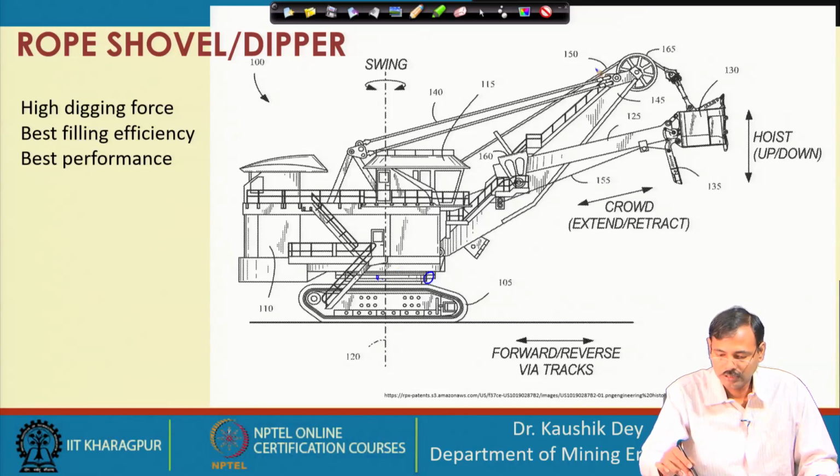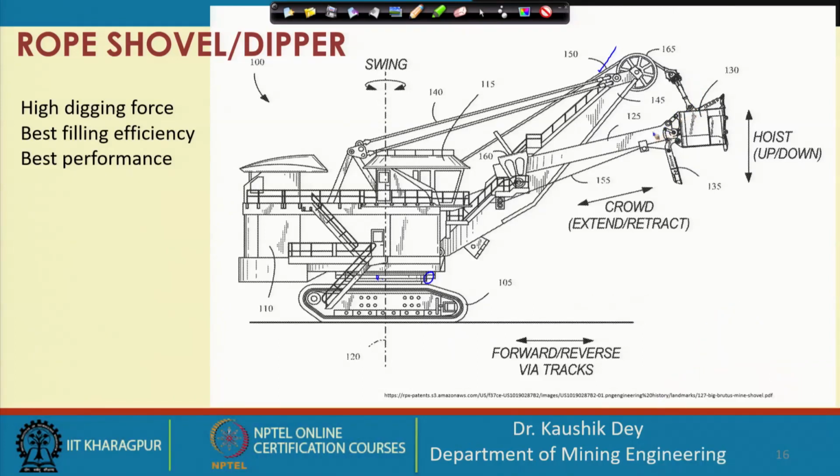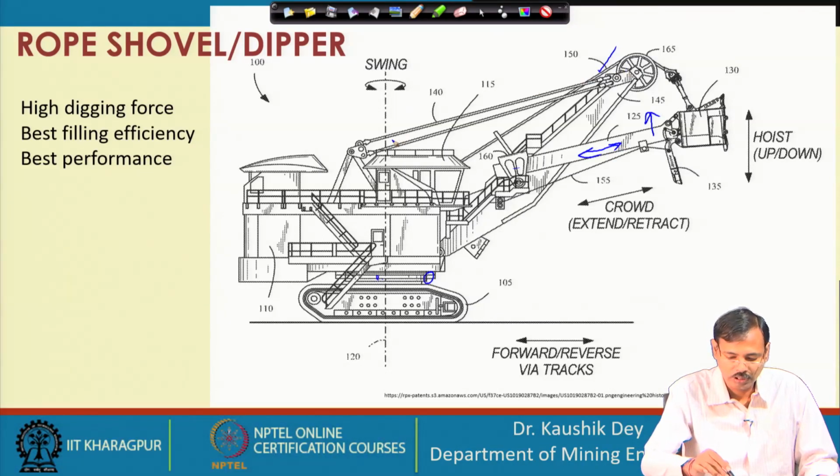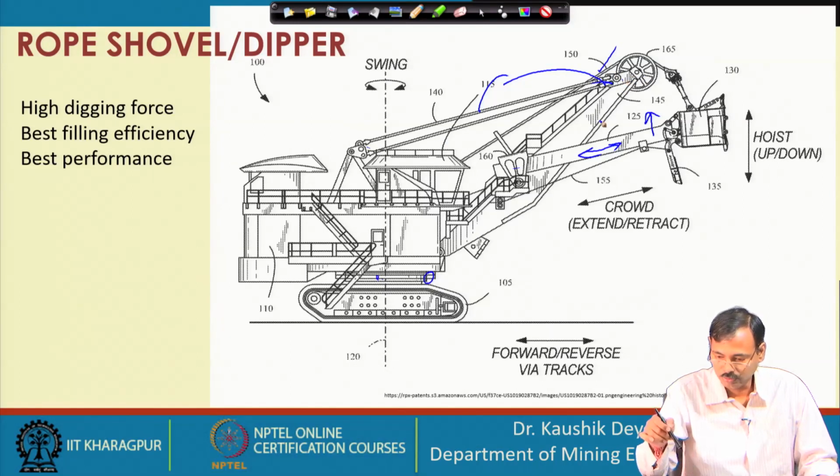This wire is basically allowing the lifting of this stick, and this rack and pinion system, or sometimes a gear system, is allowing the movement of this one. The lifting of this boom, or the position of this boom, is being controlled by this wire system. So, you can control the angle of this one, or you can see the boom. So, that is the way.